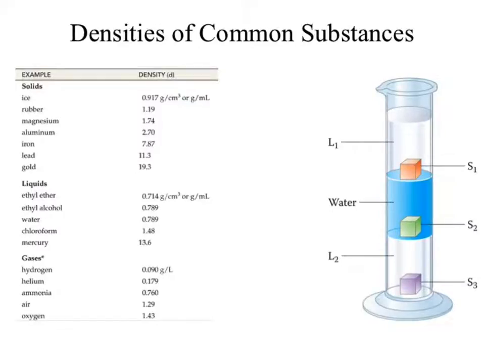How else can we monitor these? We could take a glass tube. Okay. Solid 3. What can you tell me about solid 3? Super dense, meaning it has the largest density value. Solid 2 has a smaller density value. How do I know it's smaller than solid 3?